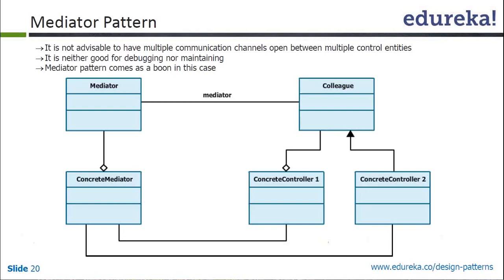But the more observers and sensors you have, the communication paths between these observers and the master controller become complex, right? Let's say there are 10 different observers, all of them telling their values or talking to the master controller.